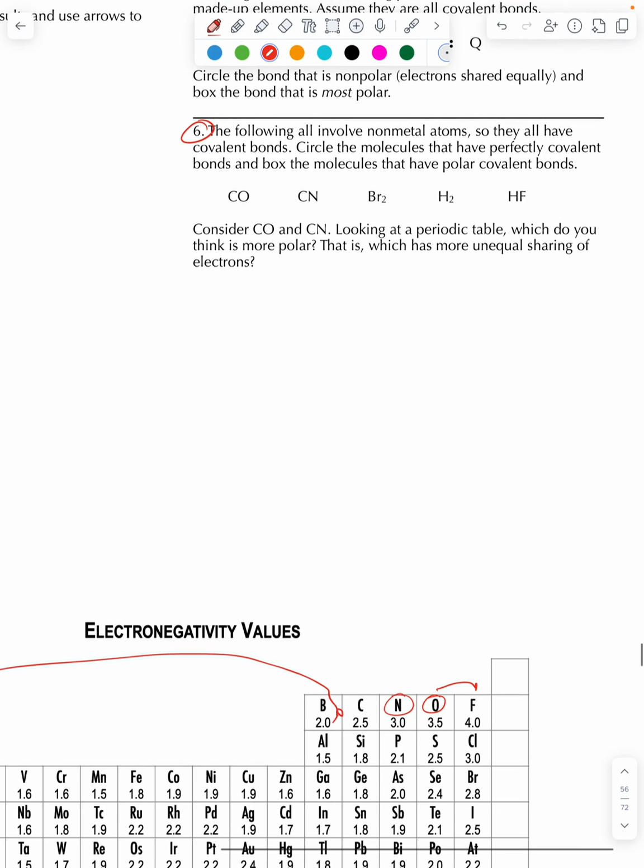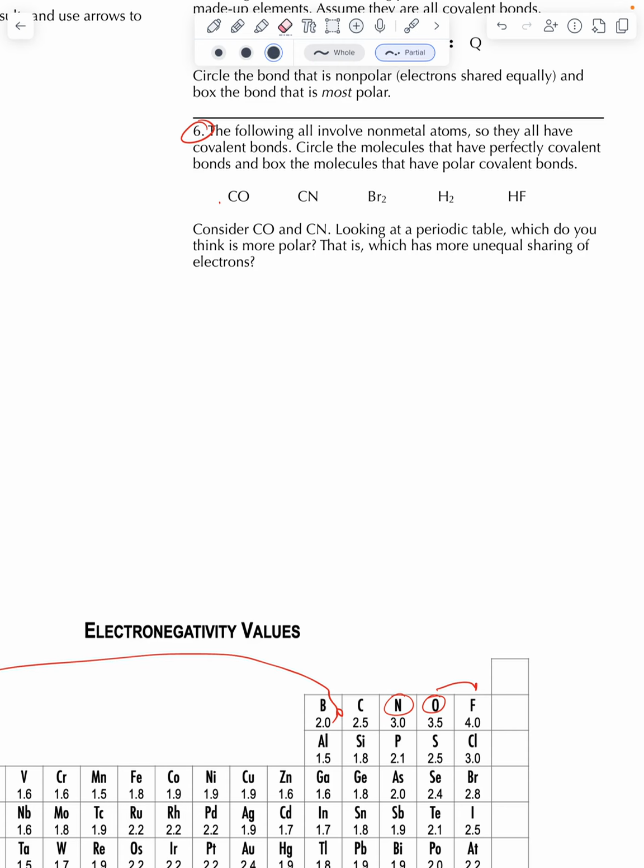So 6, are these perfectly covalent, meaning non-polar, or are they polar? If they're identical nonmetal atoms, we'll say they're non-polar. If they're different nonmetal atoms, we say they're polar. Oh, I forgot what we're supposed to do: box the ones that are polar, circle the ones that are non-polar.